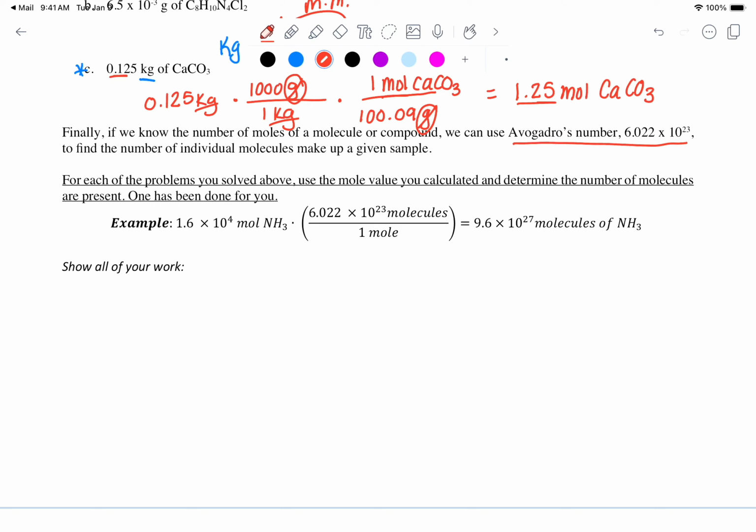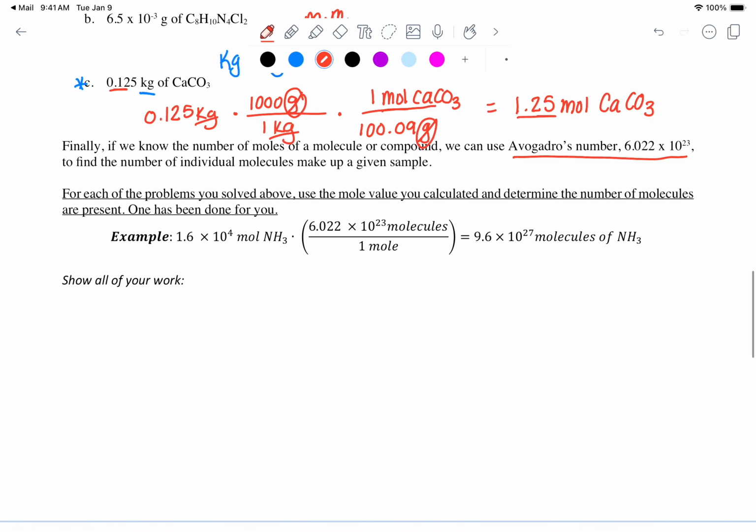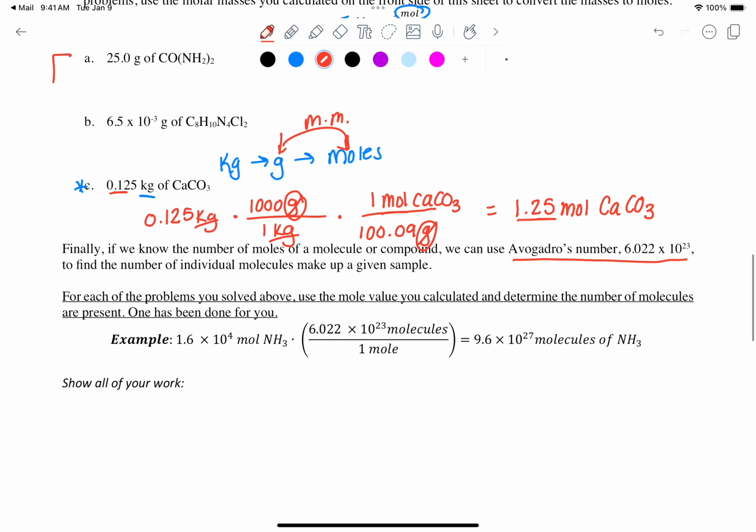Whatever the problem defines as the item that we want to find the number of, that's what we use as our unit for Avogadro's number. So here we are finding the number of molecules of our compound. We are going to take the mole values that we calculated from the above problems, A, B, and C, and use that in this problem.